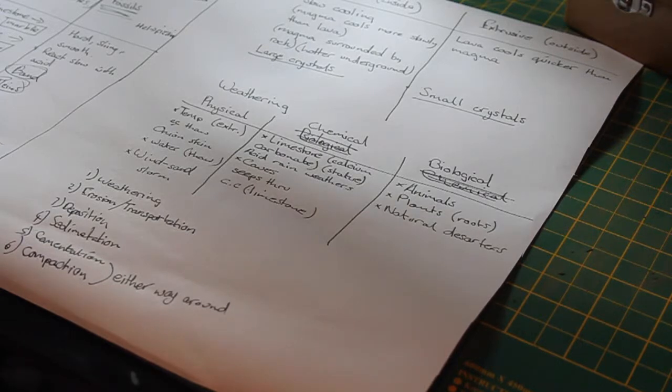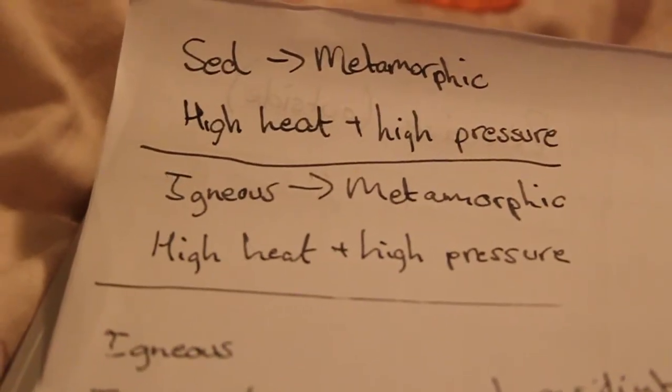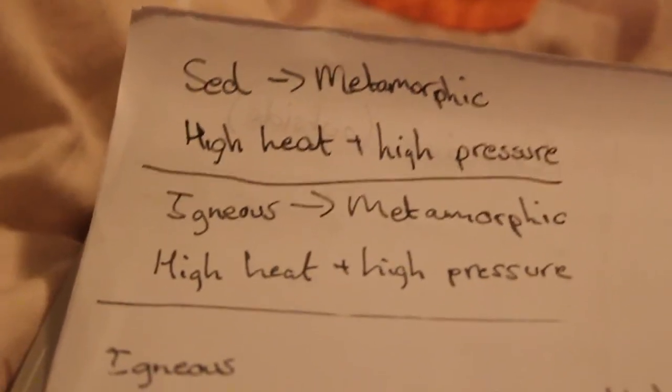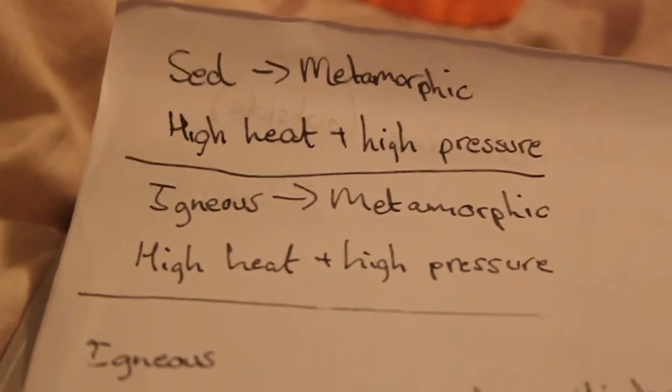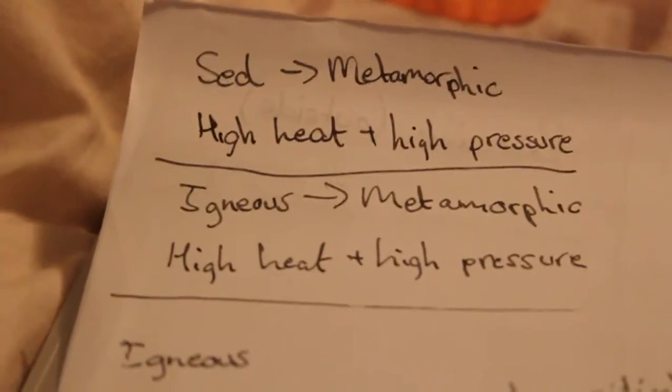So that's basic weathering and basic intrusive and extrusive, and also the formation of sedimentary rocks. Okay, so I lost the recording for metamorphic transformation, so I'm just going to do it quickly here.